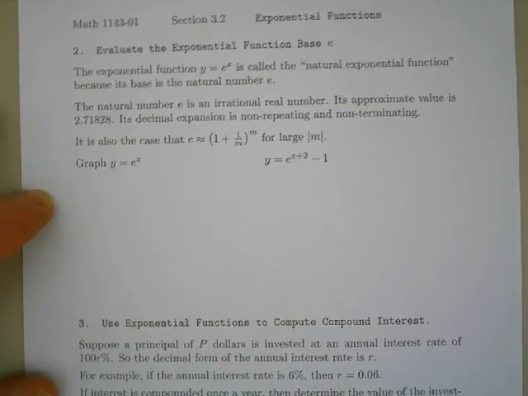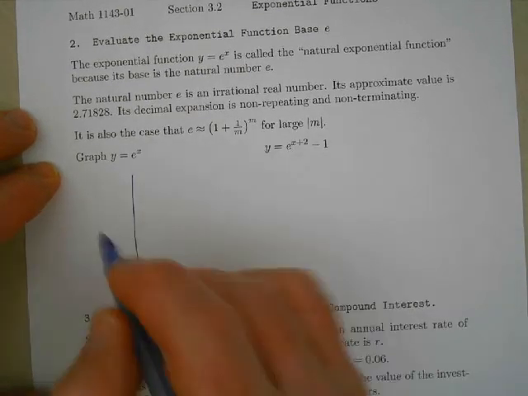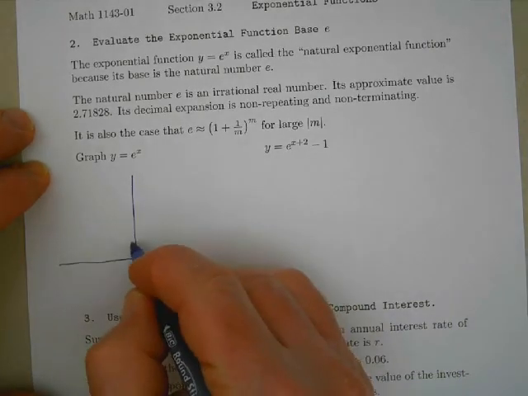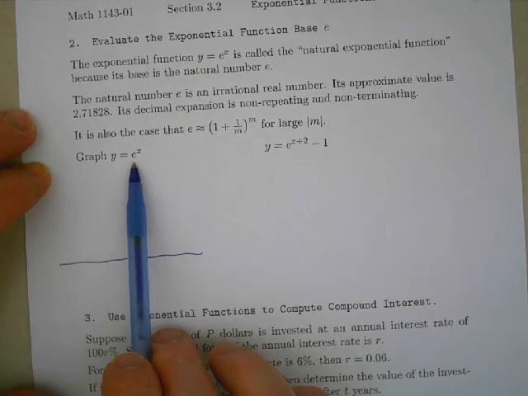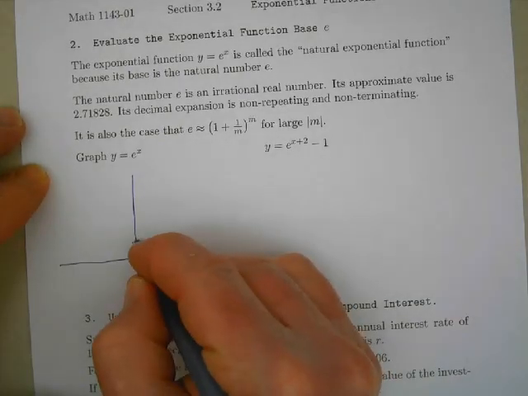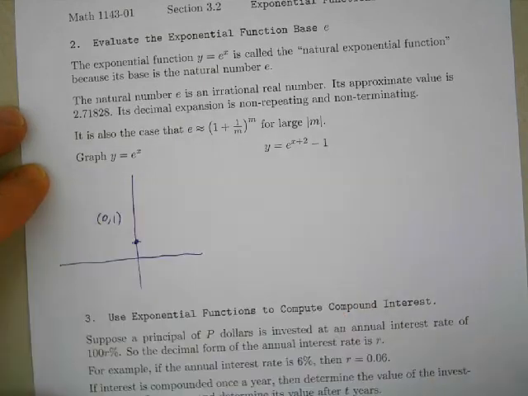Okay, we'll graph y equals e to the x. So this is going to be increasing because the number e is greater than 1. And e to the 0 is 1, so the y-intercept is 0, 1.